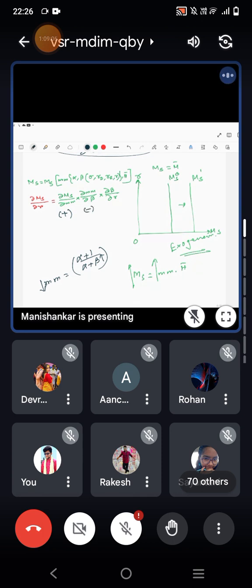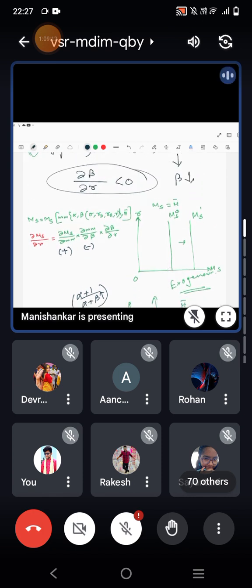We again prove that with r and beta, there is a negative relation. When r rises, then we are checking for more credit. The commercial banks are ready to agree for more credit. So that time beta falls. So the entire value is greater than 0.